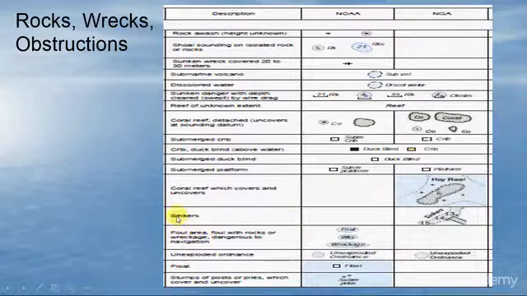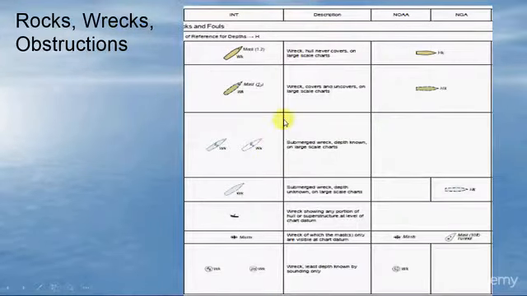So as you see, let's go down here and look at some more. Here's a boat that's wrecked, it's sunk. And so they have different little icons indicating different levels of visibility, whether it's high or low tide. So you have to be careful, that kind of thing. And so on.